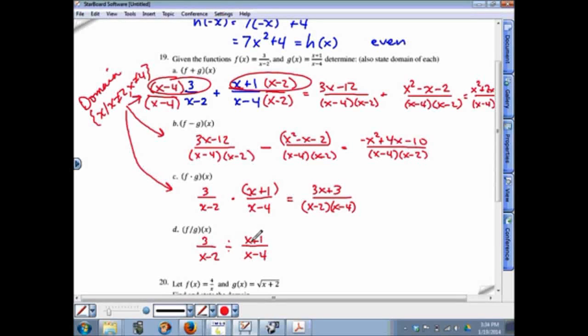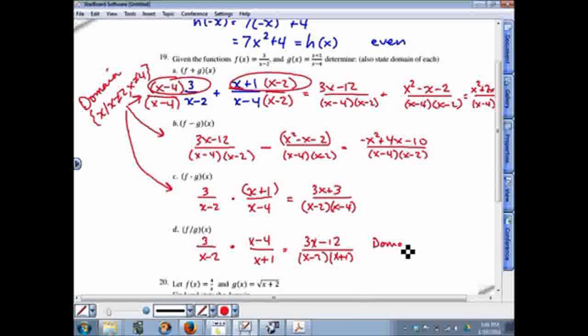Now, the way that you divide fractions is to invert this second fraction, so I'm going to write it as a reciprocal, x minus 4 over x plus 1, and now we can multiply. So in the numerator we're going to get 3x minus 12, and the denominator we're going to have x minus 2 and x plus 1.